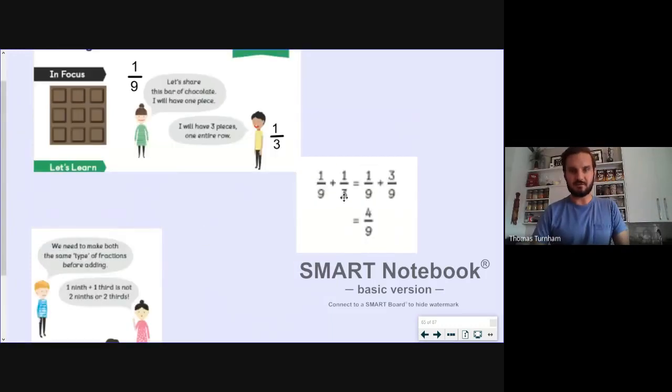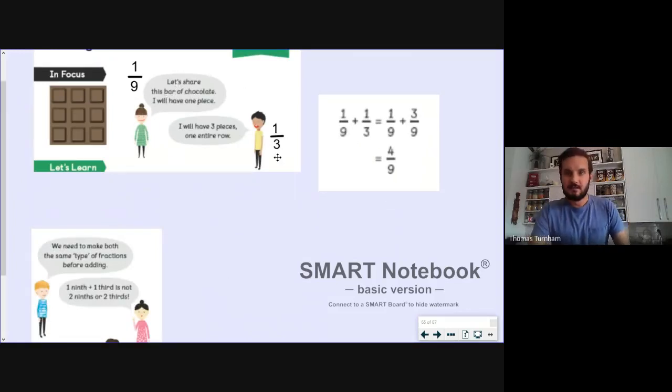So let's start looking at this. I'm just going to bring this up to a picture because it's nicer to think about chocolate. 1/9 plus 1/3. Well, we know that we could call 1/3 3/9, because that 1 row is made up of 1, 2, 3 squares, 3 parts. So 1/9 plus 1/3 is the same as saying 1/9 plus 3/9. Now, when I start adding my ninths together, it's the same denominator.